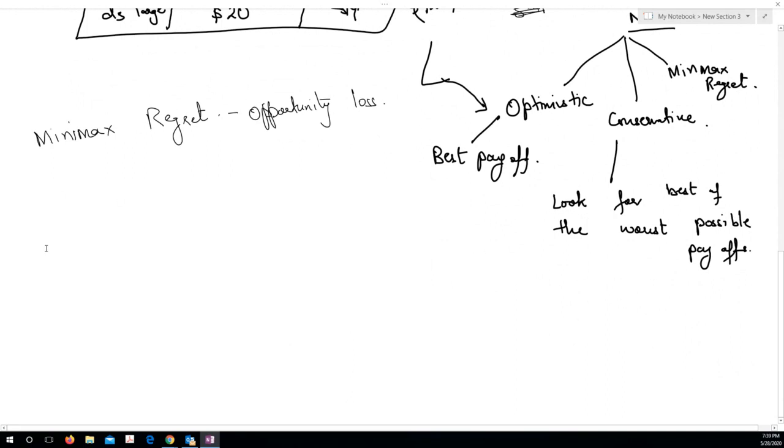So in this one, we try to find the regret and minimize the regret. Our objective is to minimize the regret.